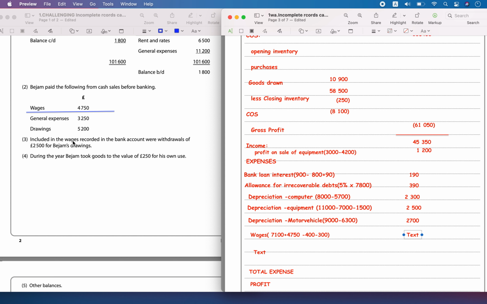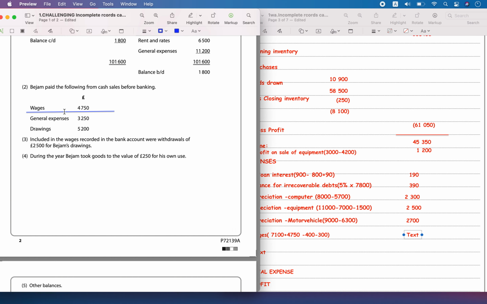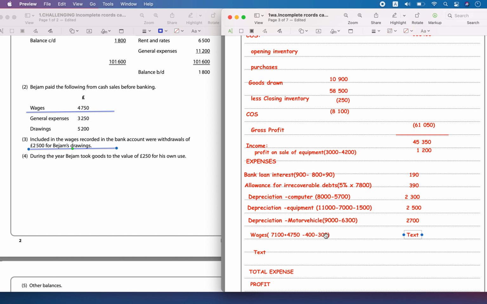And then it says that included in the wages recorded in the bank account were withdrawals of 2,000. This was towards the drawings. So the entire wage was not paid towards the wages; some was paid towards the drawings also. So you include minus 2,500.